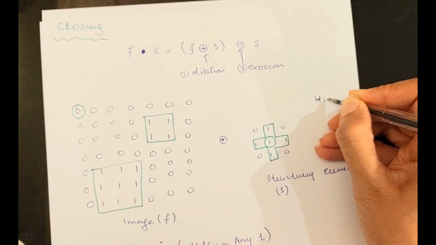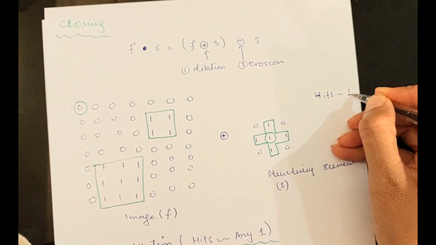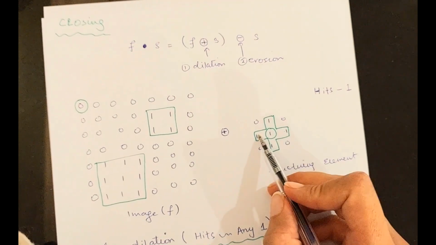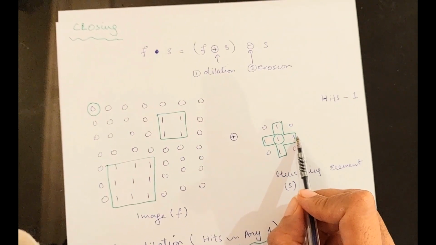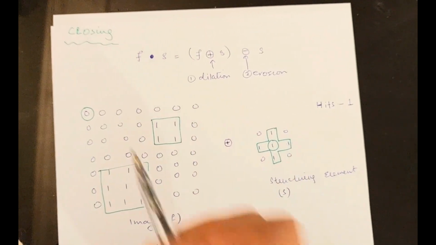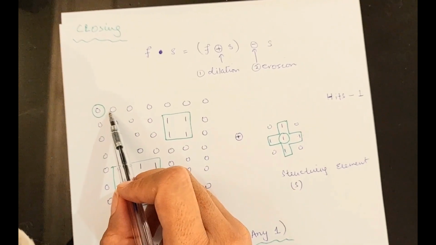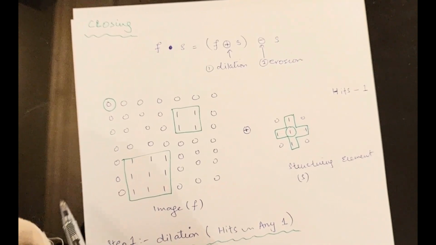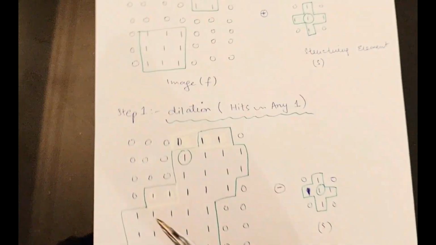Hits says that at least one of the ones of the structuring element must coincide with at least one 1 in the image, right? So here we have no 1 on any side, so this 0 will simply be translated as a 0.